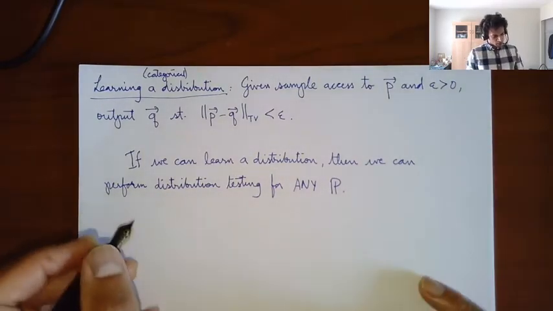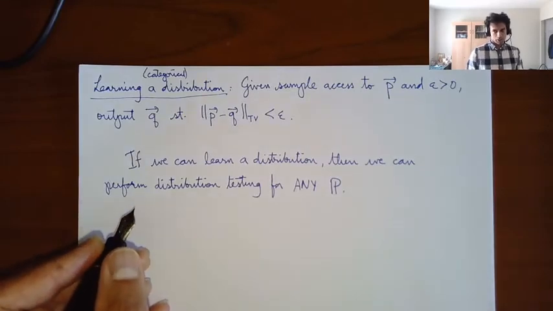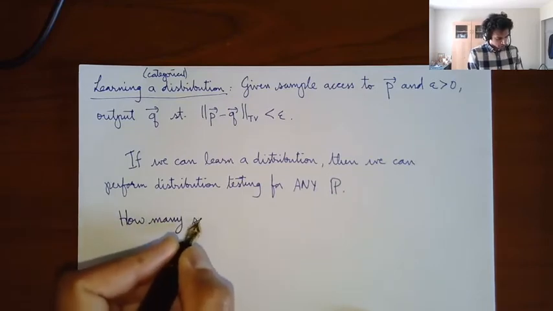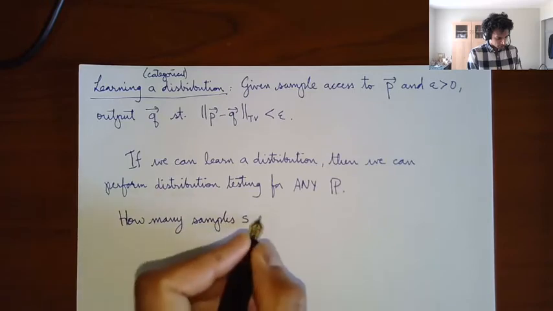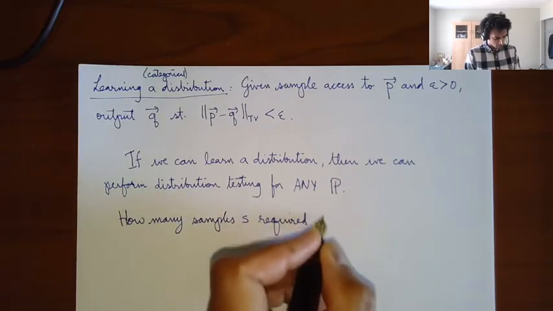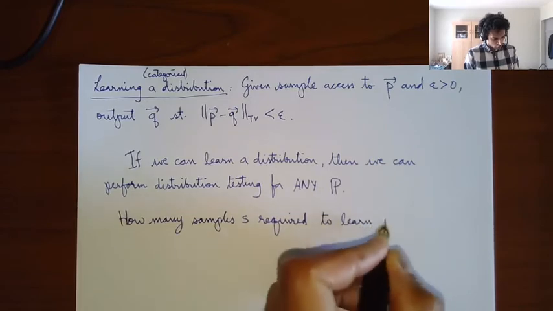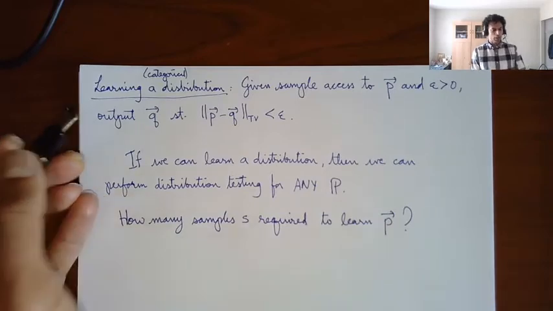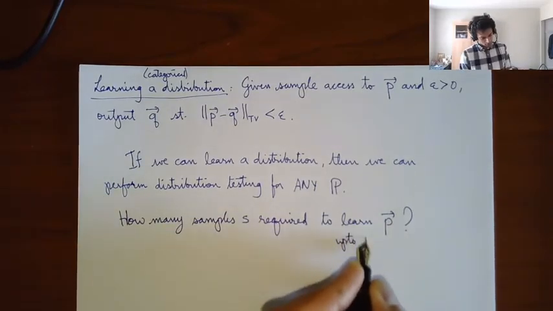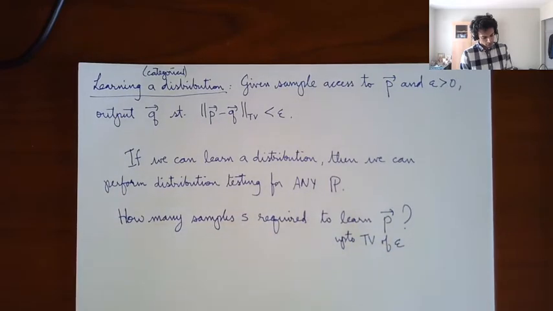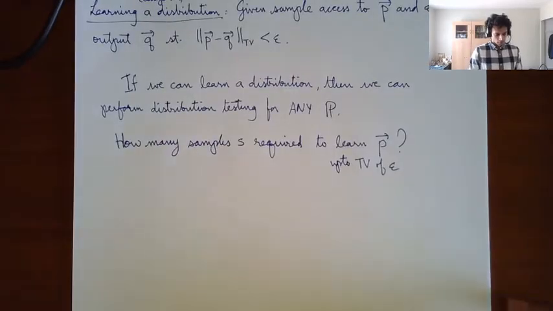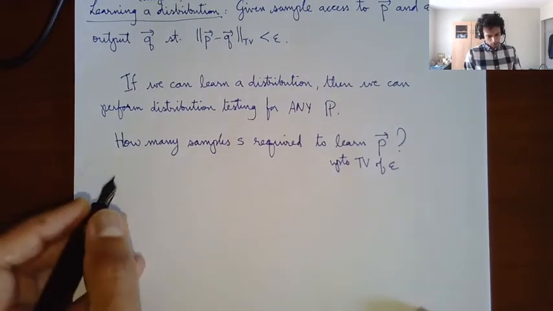And so this leads us to a very important question, which, even keeping testing aside, is how many samples S are required to learn a distribution P. Again, when I say learn, I mean learn up to total variation, up to TV of epsilon. And this is where all the balls and bins and the Chernoff bounds will tell us the answer.